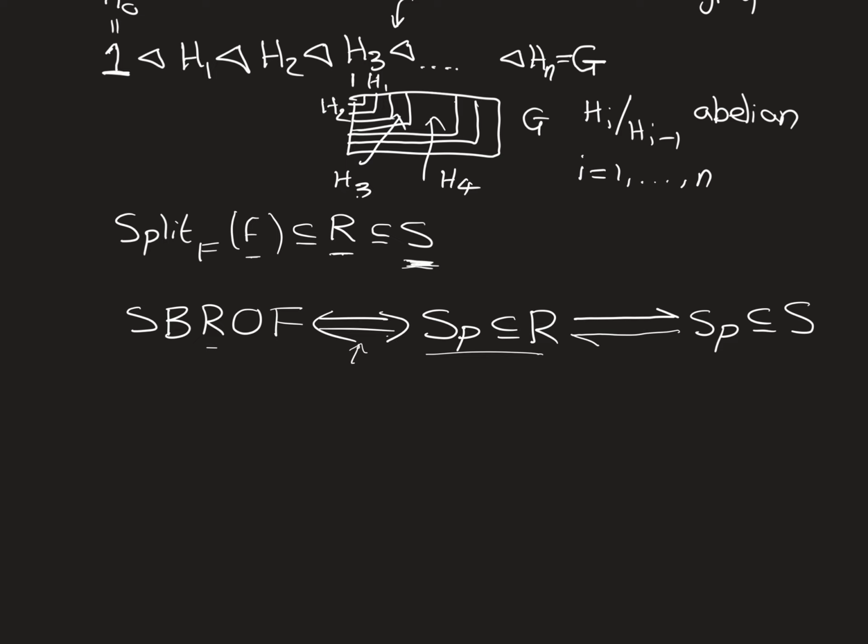This is a definitional if and only if, and this if and only if follows from the two unproven lemmas that I have stated for characteristic zero fields. So now I can just say that this if and only if this now. So a polynomial little f is solvable by radicals over big F if and only if the splitting field is contained inside a finite solvable extension of F.